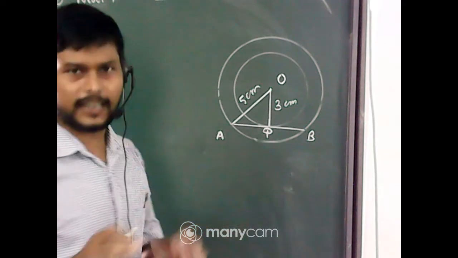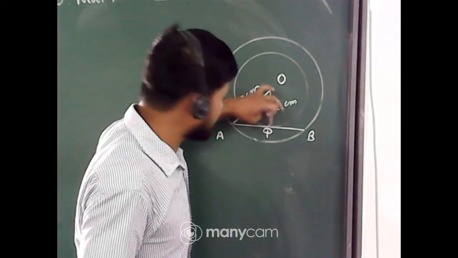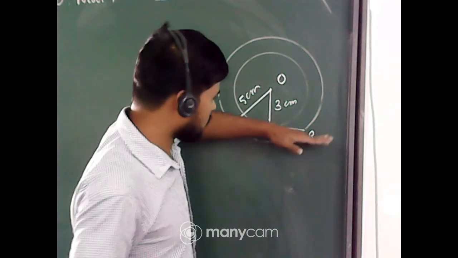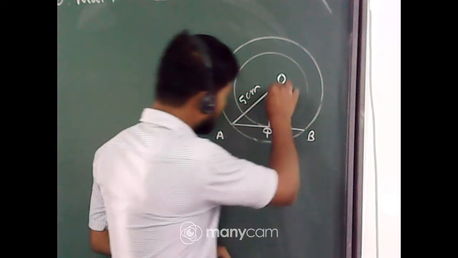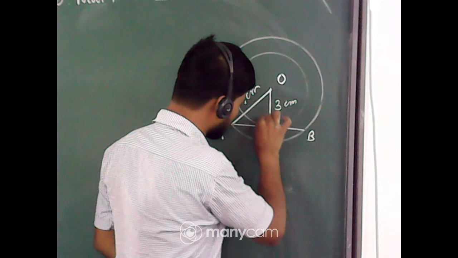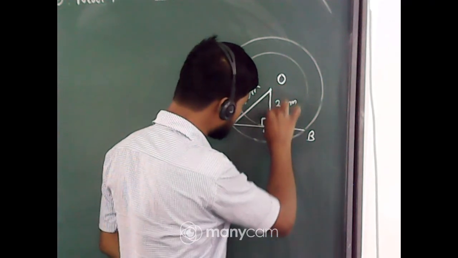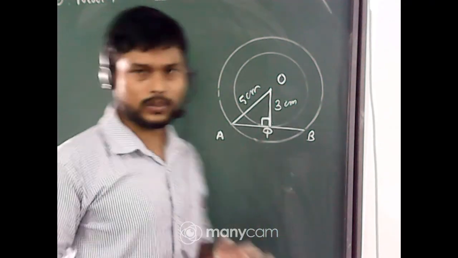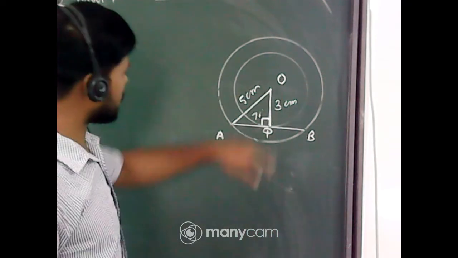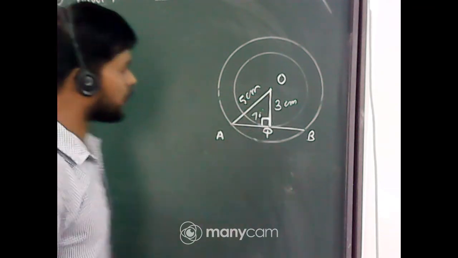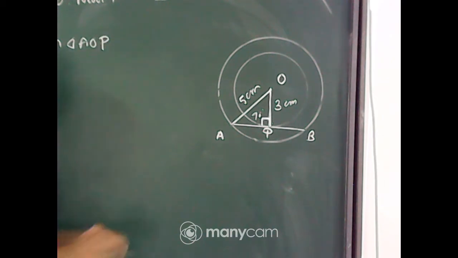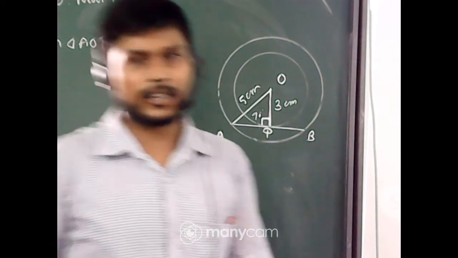OP is not only the radius but also the tangent to the circle. Means tangent, you can see the tangent AP. So AP and OP are perpendicular to each other because this is the tangent and this is the radius through the tangent. We know that the angle between them is 90 degree. Now if I consider the triangle AOP, obviously AOP is a right angle triangle, so we can apply the Pythagoras theorem there.